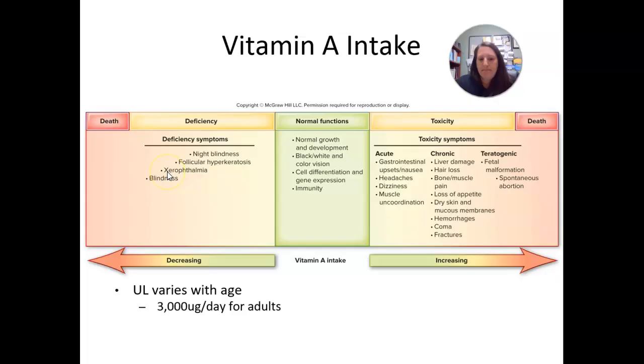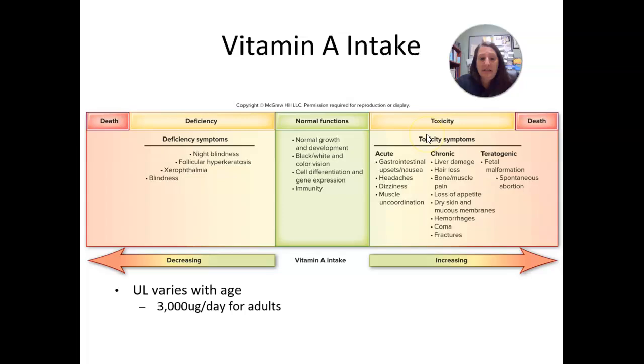So again, vitamin A is important for the function of that cornea. And so individuals here will suffer from dry eyes, get red, itchy, and dry. And then lastly, if there's a real bad deficiency, blindness, and this could even lead to death. Okay, so optimal levels of vitamin A intake are important.